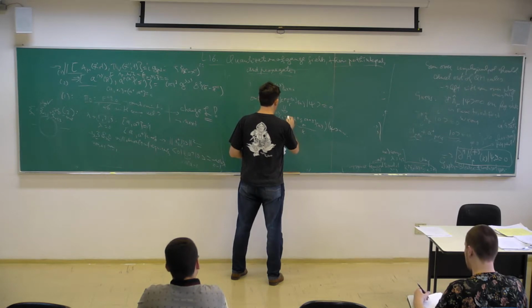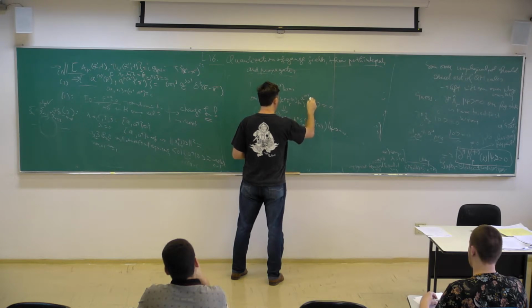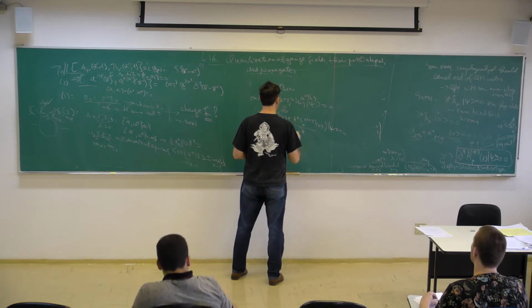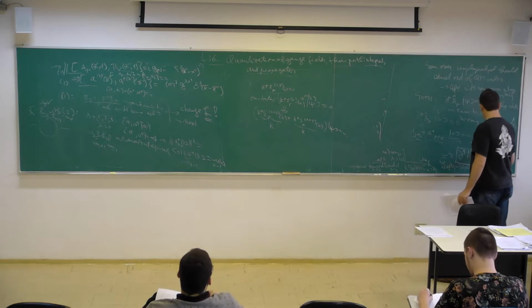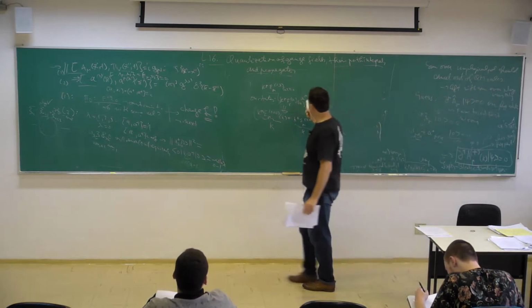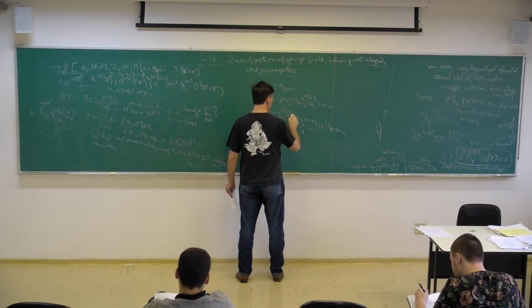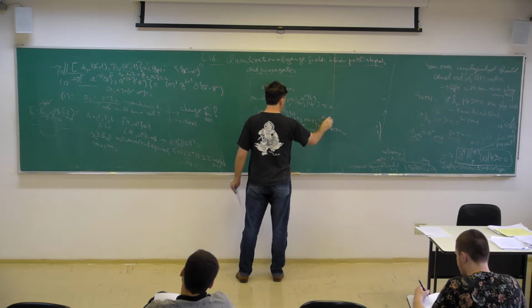Sorry, yeah, I forgot. Sorry, this is times A, right? So the condition was the positive frequency part, so that's times A. And so here I have times A0 of k, and here I have times A3 of k.